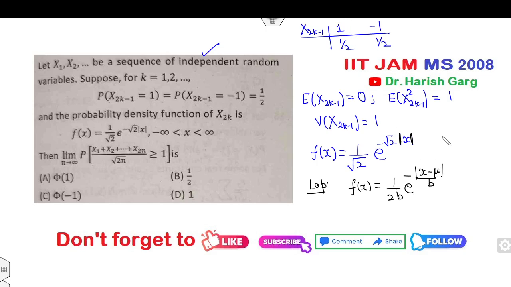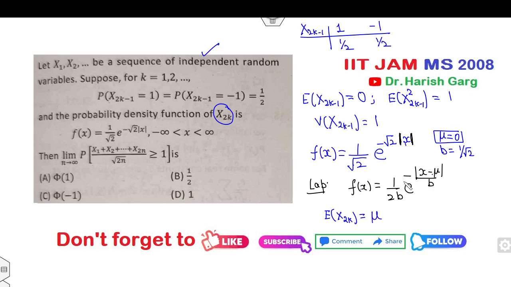If you compare them, you will get the mean is my 0. Fine. If you look at the b, it will be 1 over root 2. Fine. And you can see 1 over root 2 is satisfied. So therefore, the mean of the x of 2k is my mu.